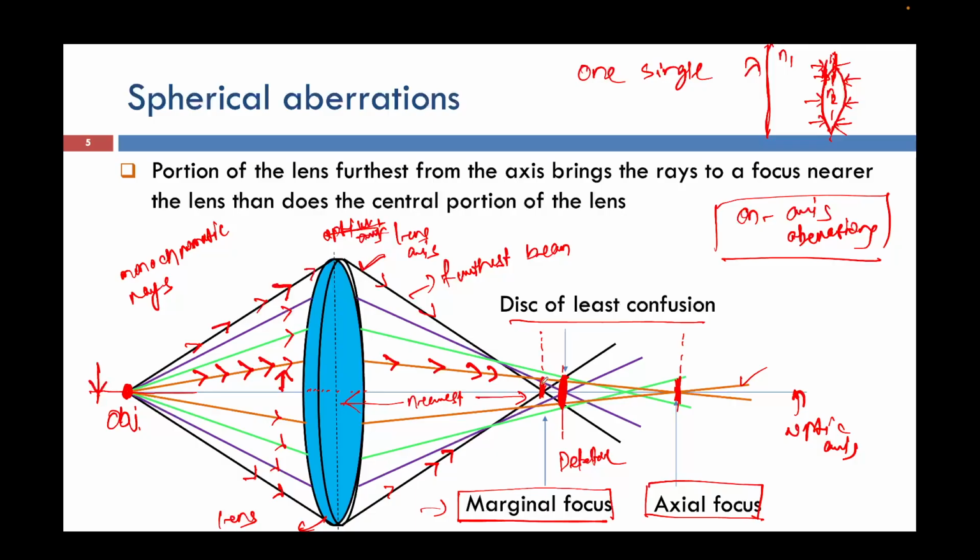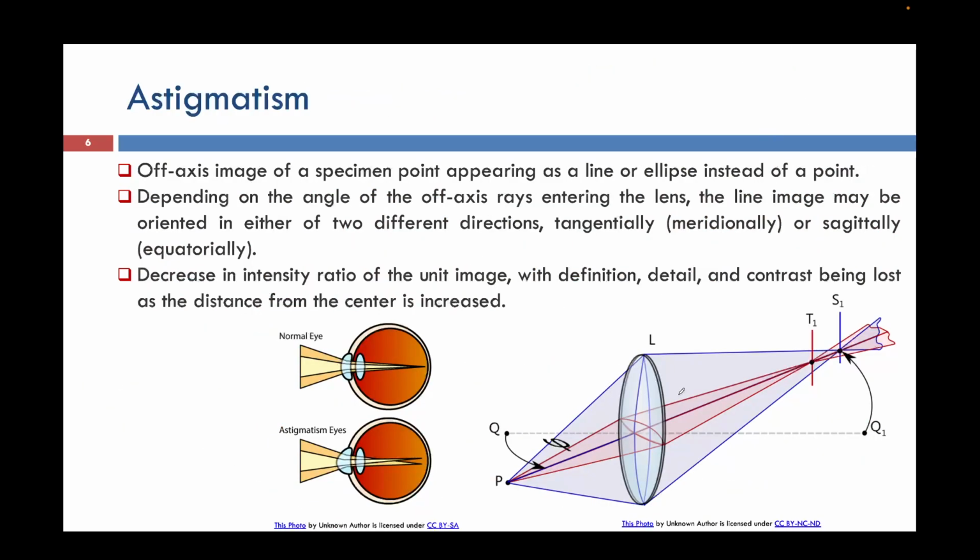So even if this marginal focus is there, it is focused on your optic axis. Even the axial focus, at a different point from the disk of least confusion, is focused on the axis. Same thing for chromatic aberration as well. That is why these kinds of aberrations are known as on axis aberration, while there are different kinds of aberrations which are known as off axis aberration.